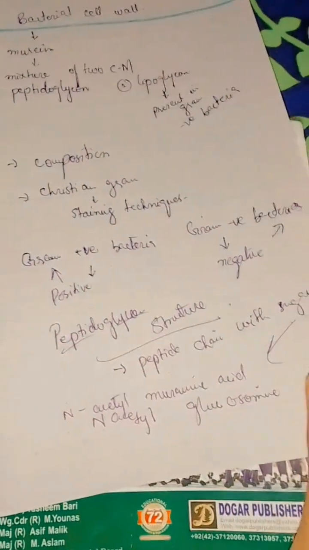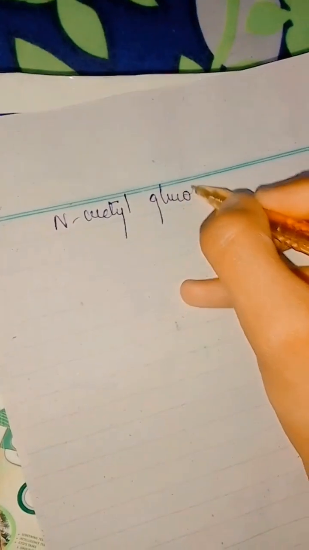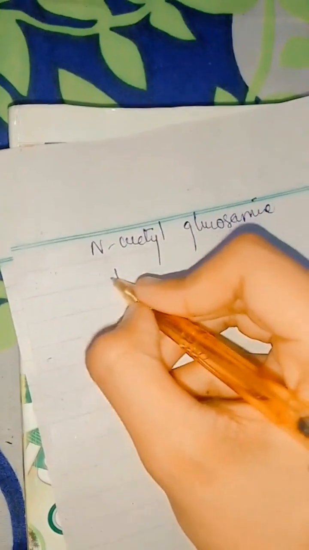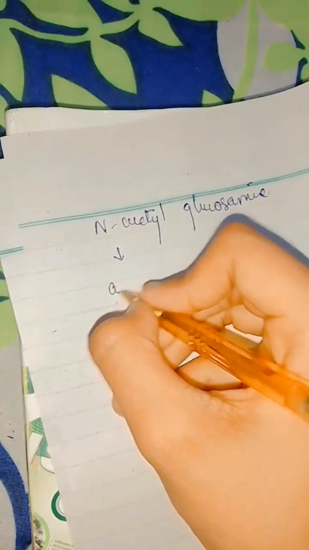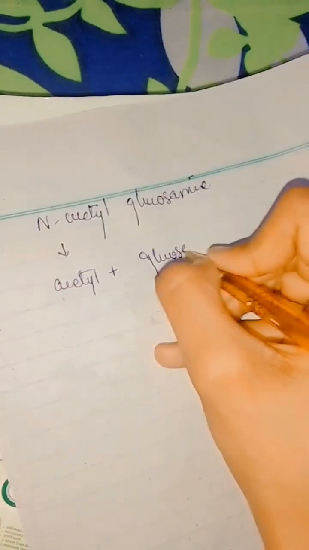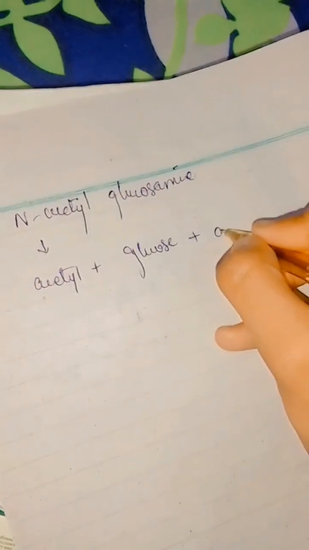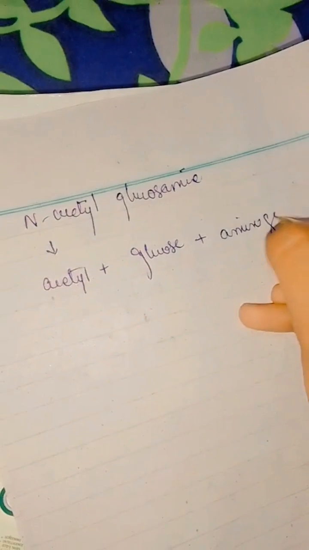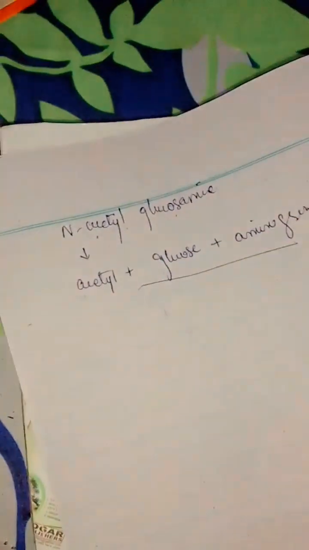Now what is N-acetyl glucosamine? Basically it includes acetyl plus glucose plus an amino group. When these three combine together, they make N-acetyl glucosamine.